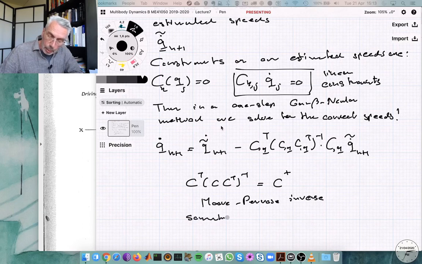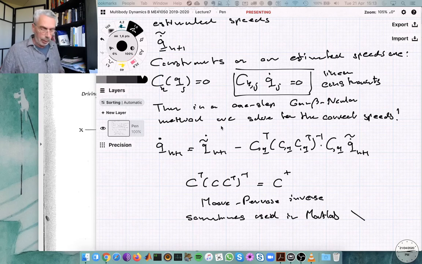You can also look it up in MATLAB, Moore-Penrose inverse, when you use the backslash for the matrix division, because you can also use a backslash when the matrix is not square, and then it finds a minimal solution, which is like a sort of Gauss-Newton type of process. Okay, that was in a nutshell the topic of today.